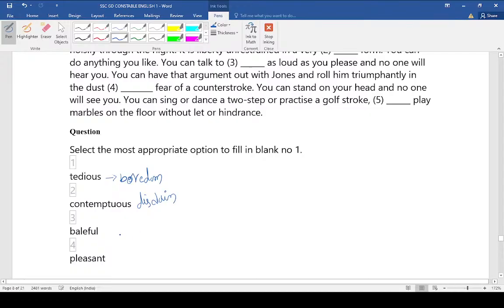Next, baleful, harm. Pleasant, we know. Liberty. When it comes to freedom, it is related to liberty. So the answer will be pleasant.